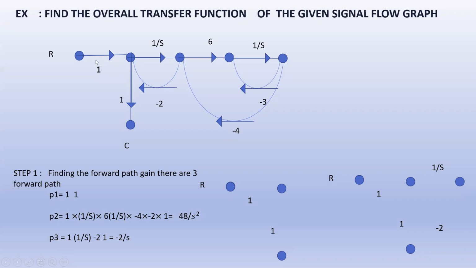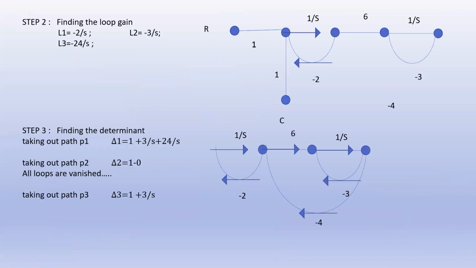Calculating the path gain, we have 1 into 1 by s into 6 into 1 by s into minus 4 into minus 2 into 1. If we calculate that, that would be 48 by s square. So these forward paths are depicted over here, these two forward paths and the larger forward path.